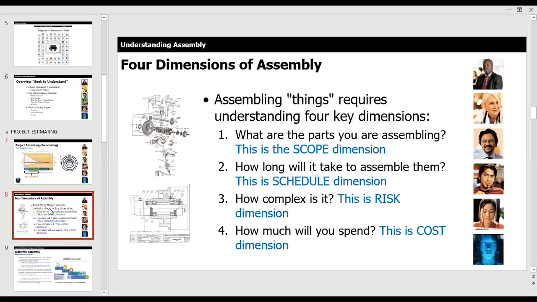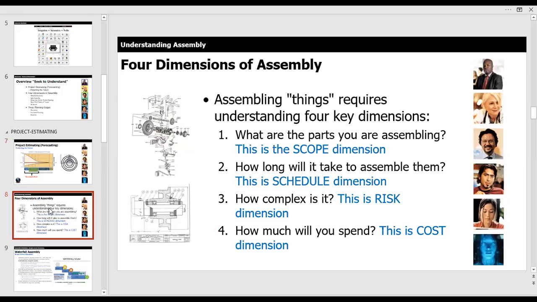Okay, so let's get back to the first thing you got to do, which is just wrap your brain around this concept of assembly, and that there's 4 dimensions of assembly. And we've talked in the past about requirements being intellectual property assets that you can assemble into solutions. And they're only intellectual property assets after you've created them.